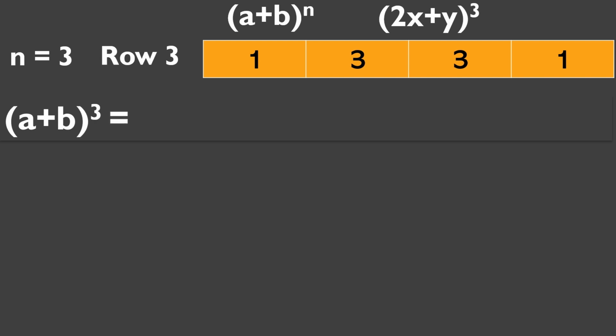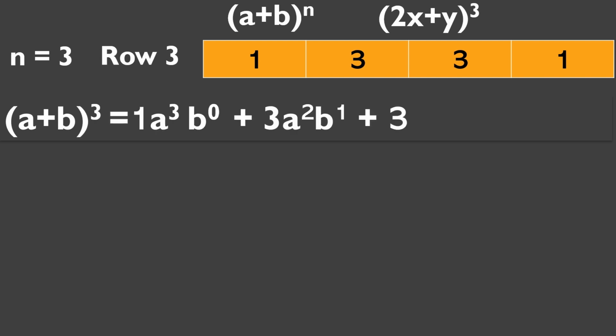Here we have 1, 3, 3, and 1. So in a scenario where we have a plus b raised to power 3, what we simply have is as shown, where we have our coefficients 1, 3, 3, and 1.